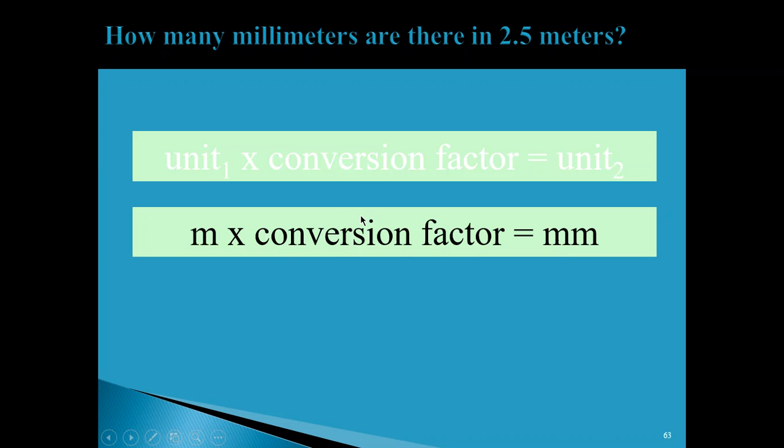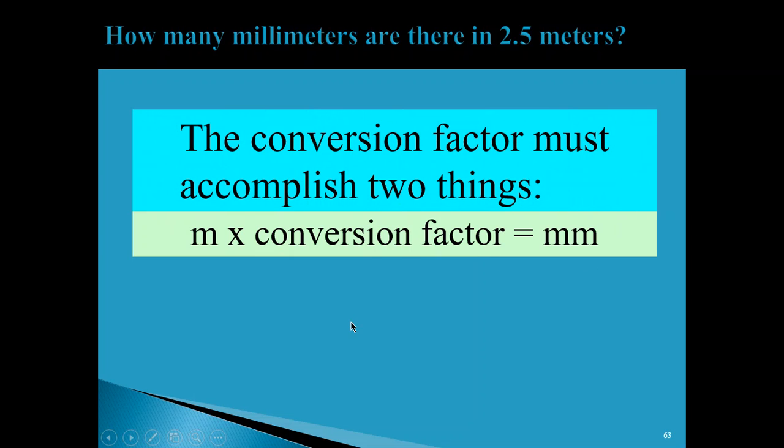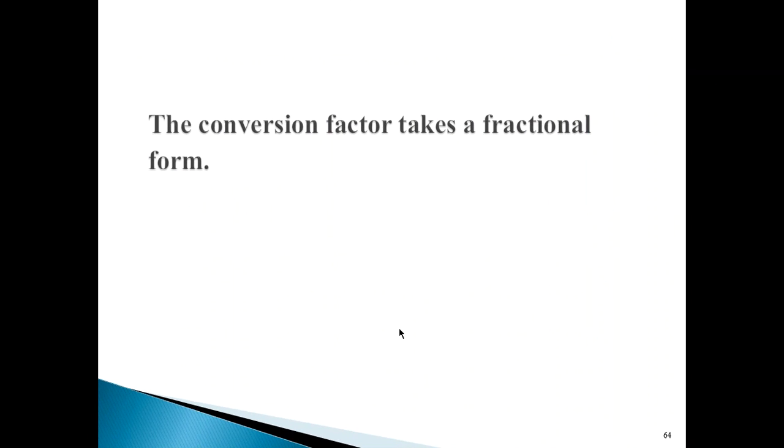So the conversion factor must be a fraction which expresses the relationship between the meter unit and the millimeter unit, all right? So basically, the conversion factor you're going to use here must be set up such that the meter units will cancel out, and therefore the only unit remaining will be the one that's introduced, which would be the millimeter unit.